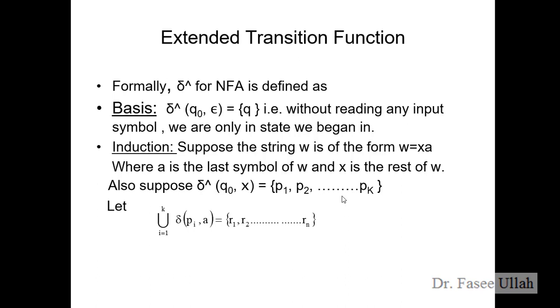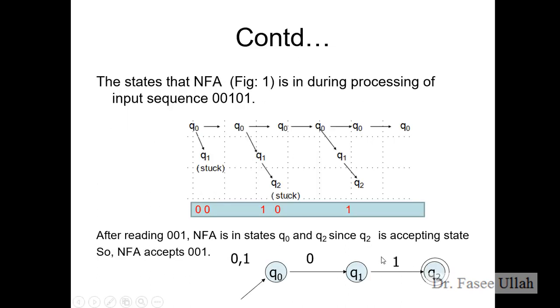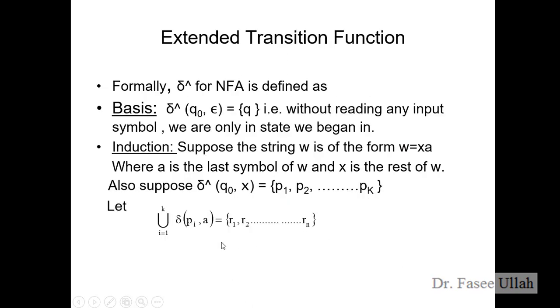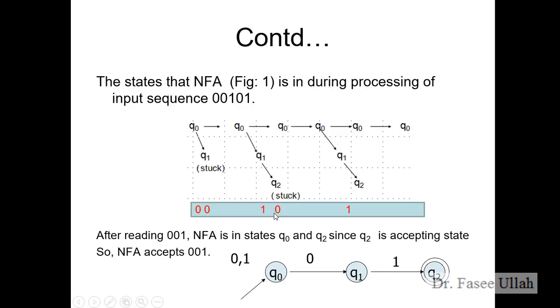Then we have the state like this one, from 1 up to Q2. We can write this as the product, i equal to 1 up to k, of the transition function, and this is the P, being these values Q1 and so on.